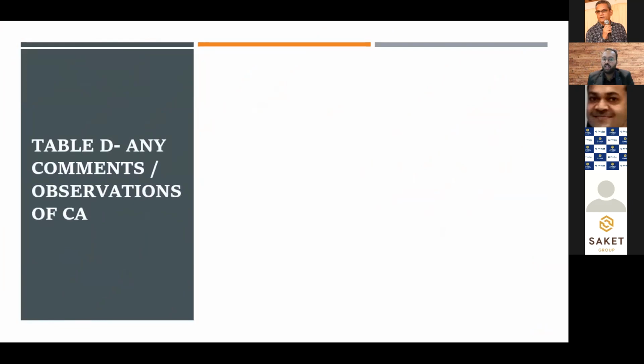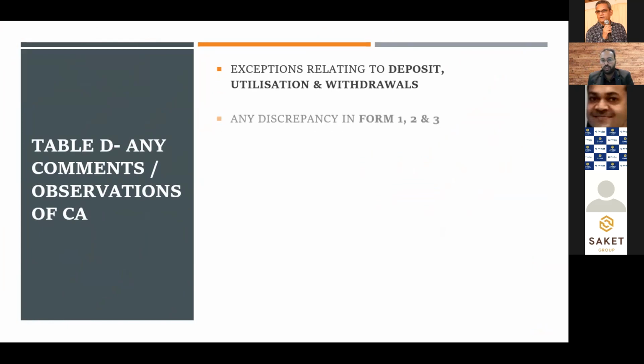Table D, again, any comments or observations of the CA, exceptions relating to deposit, utilization and withdrawals.